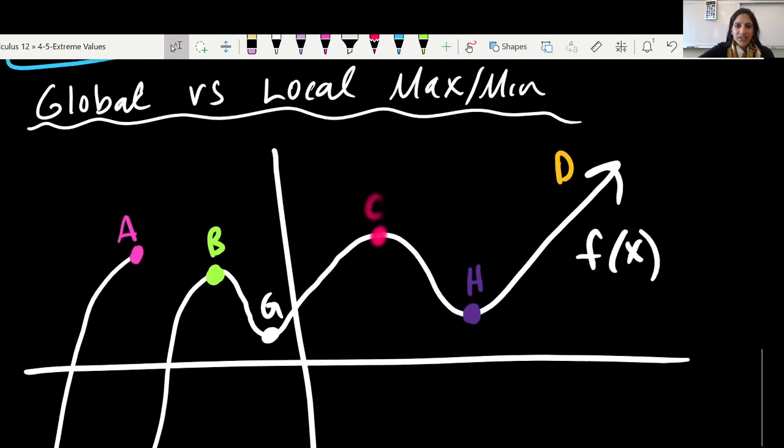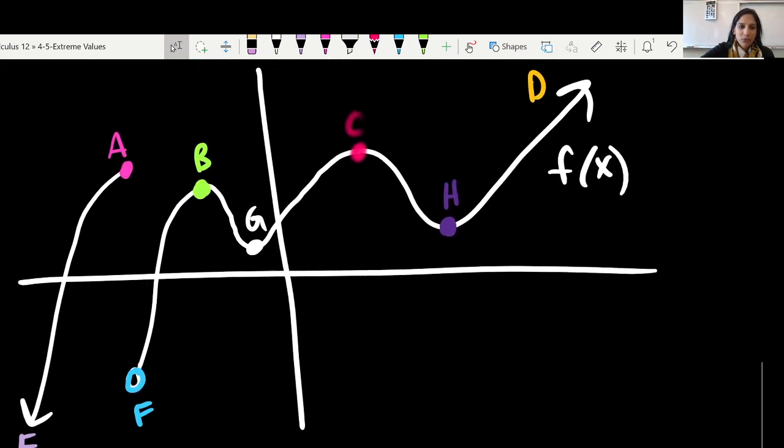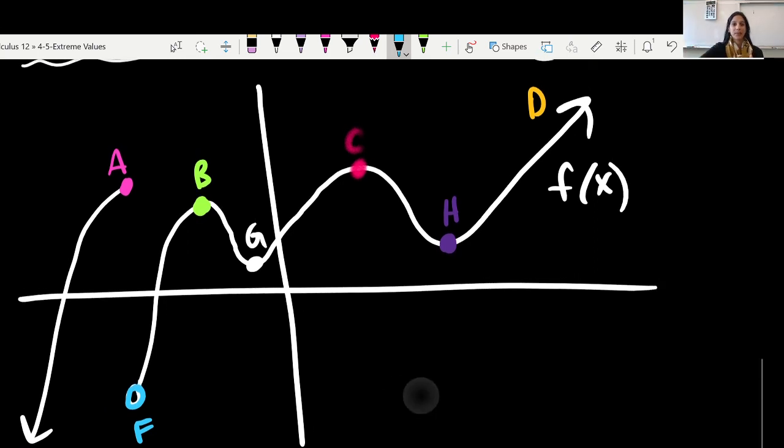If we take a look at this colorful graph that's drawn here, and compare the different values, we have a local maximum here at point A, here at point B, and here at point C, and up here at point D, it shows that it keeps going.